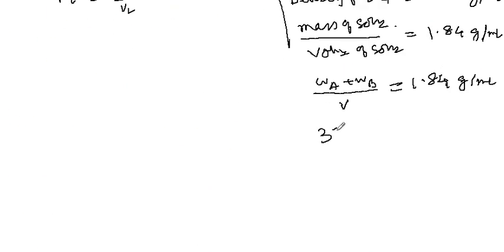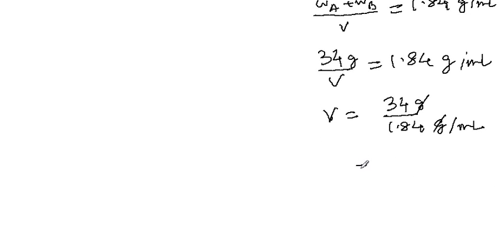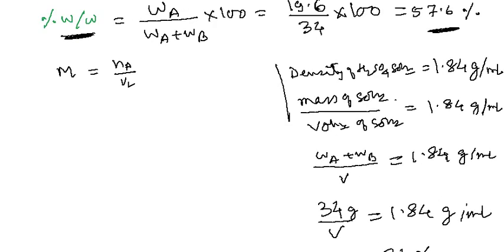So if you write 34 over here, this is volume, so volume equals 34 over 1.84 gram per milliliter. This is gram, this is gram, gram gets cancelled out. So 34 divided by 1.84 would be equal to 18.5 milliliter.